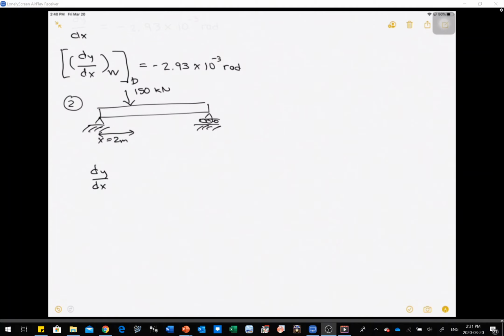So that's the slope of your beam at point D, which is equal to negative PL squared over 32 EI. And for deflection of your beam, y sub D is equal to 3PL cubed over 256 EI.